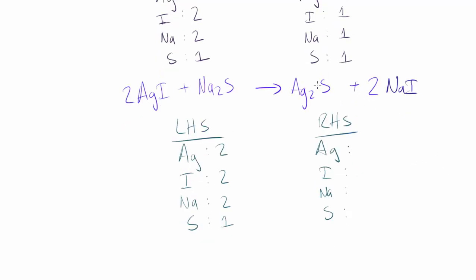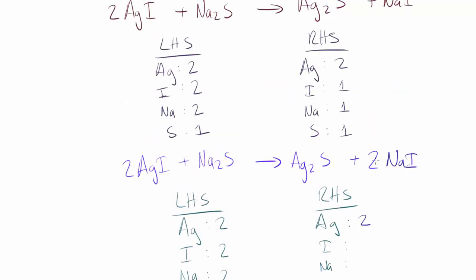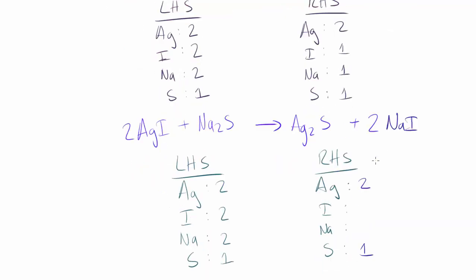So if we do our counting, in this case the Ag is 2, right? So we're going to have 2 here, and for sulfur it's the same. We didn't modify the Ag₂S in this iteration, so that's just going to be 1 as it was before. We've effectively put the coefficient of 2 in front of the NaI, right? So we're going to have a 2 here and a 2 here, right?